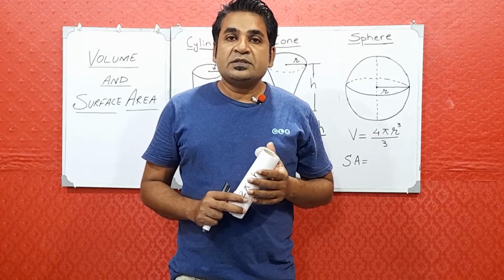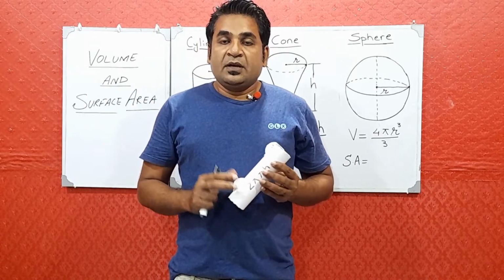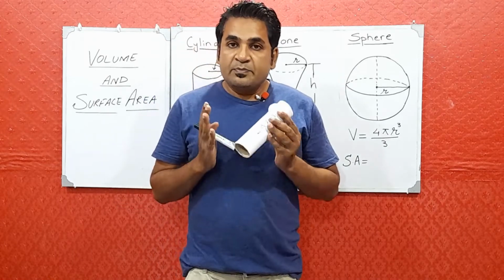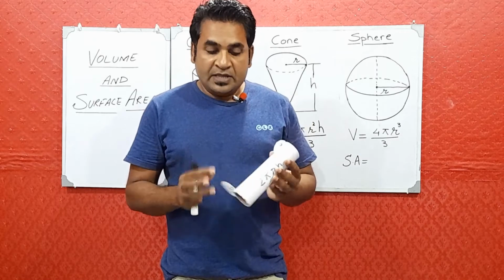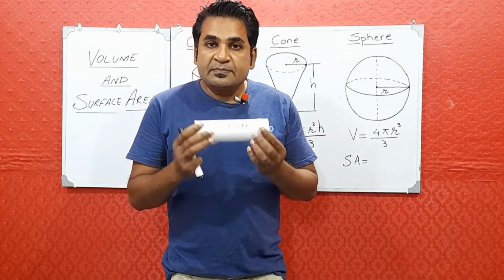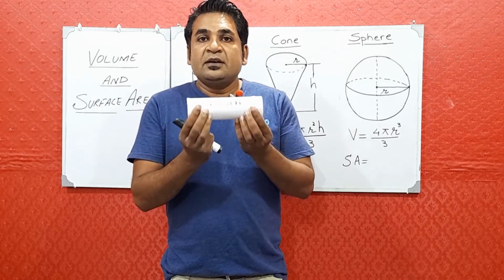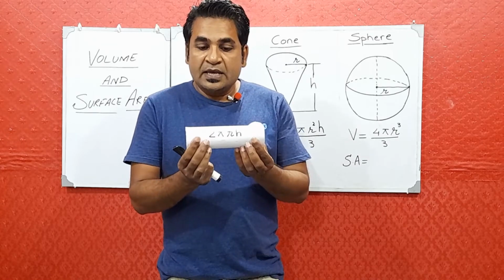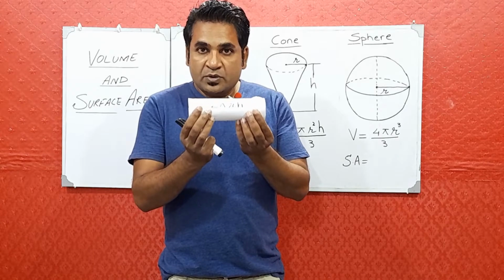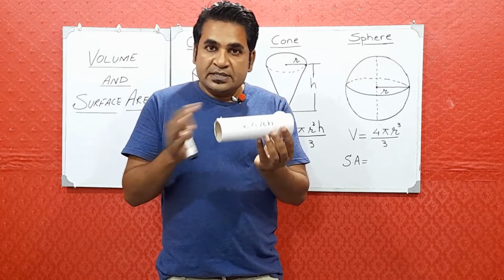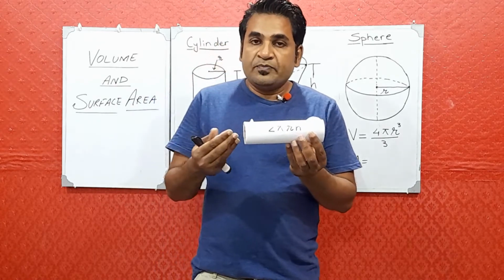Volume is the space which is occupied by any object. Like this cylinder, the space it occupies will be its volume. I am holding it and it is occupying this space. According to its size, this is its volume.